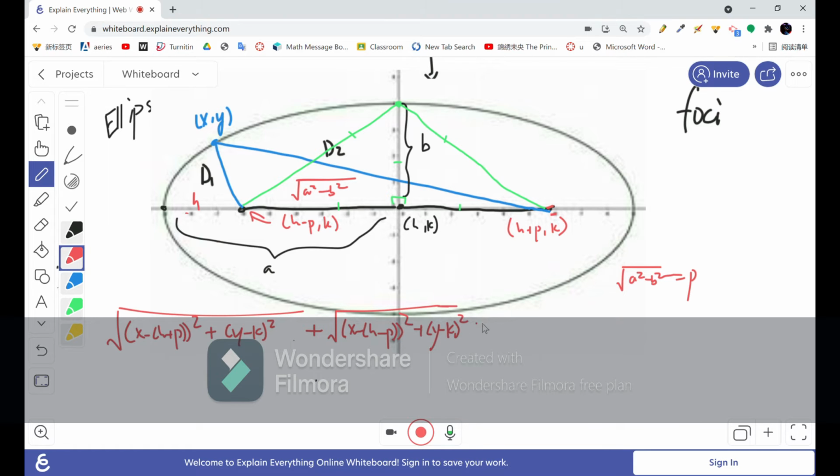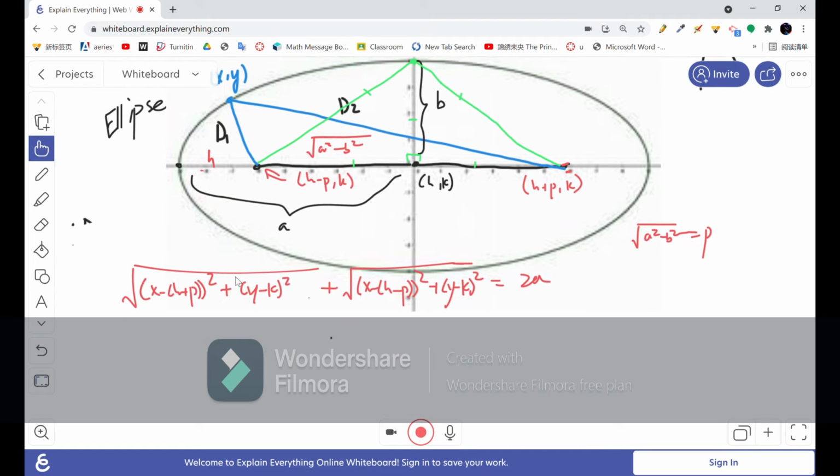This entire quantity is just equal to 2a. People will think that this is way more complicated to calculate, but we want to eliminate the radicals, so we'll bring one radical to the side.